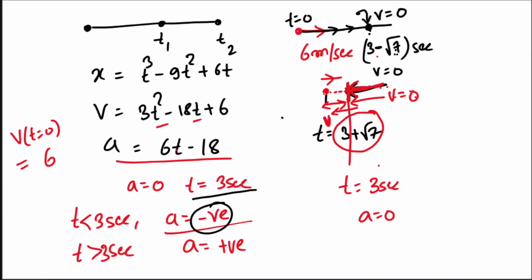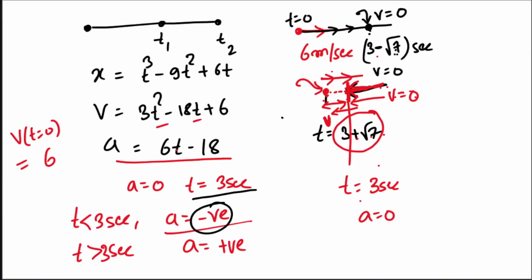And beyond it, it started again decelerating, right? So it will again decelerate, and in this stretch of time starting from 3 second to 3 plus root 7 second, body will decelerate, and here its velocity will again become 0. So at t equal to 3 plus root 7 second, its velocity will become 0, and at this time acceleration is in positive direction.